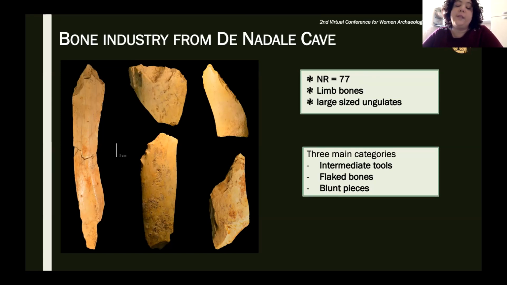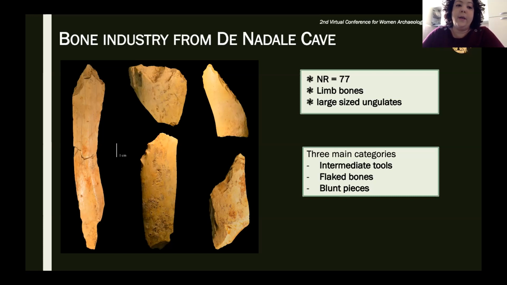We found 77 worked shafts that bear some anthropic modification. All these shafts belong to limb bones from large-size herbivores, that is to say, giant deer, red deer, and bovids, which are the main taxa in the deposit.